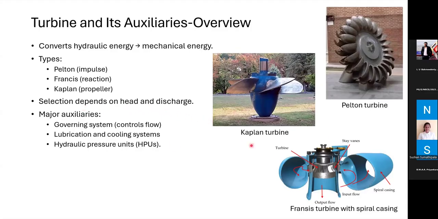With this turbine, there are major auxiliary systems: the governor system, which mainly controls the amount of water that is hitting the turbine; lubrication and cooling systems, because the turbine is a mechanical device mounted with a bearing, and the bearing connection point should have good lubrication and cooling; and hydraulic pressure units, or HPUs, for other control actions.